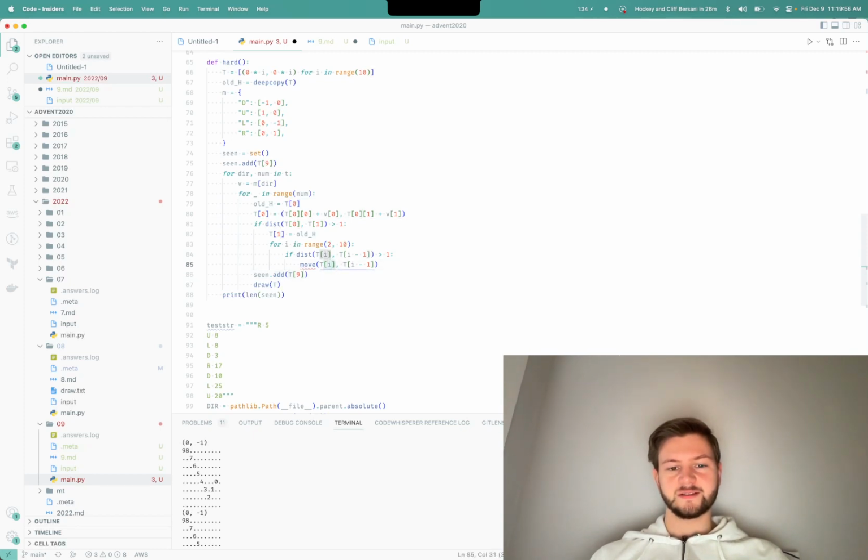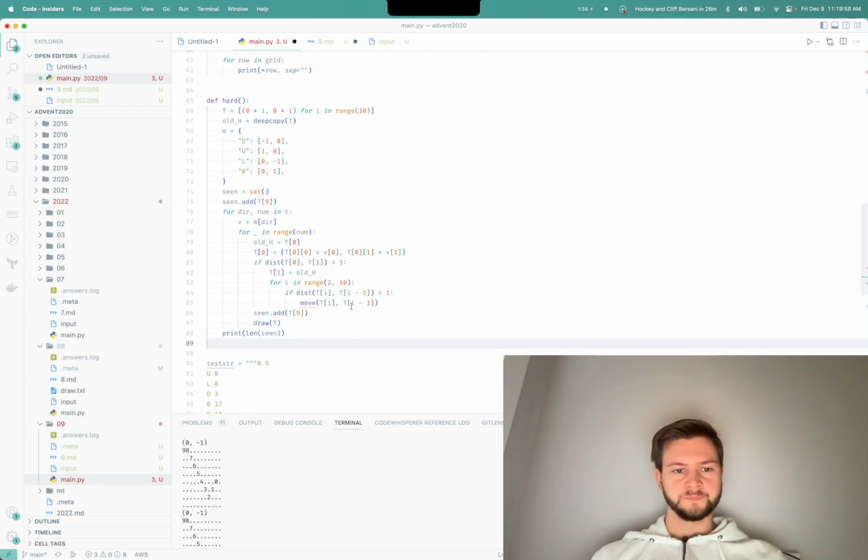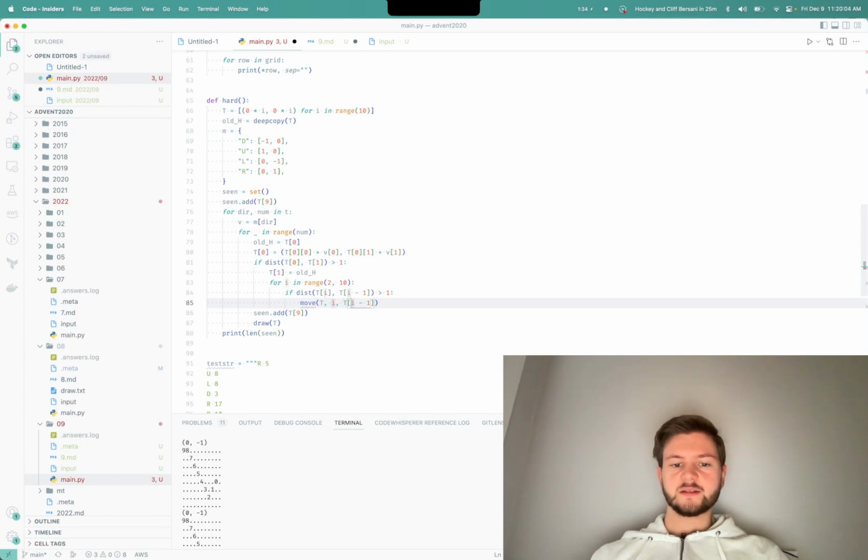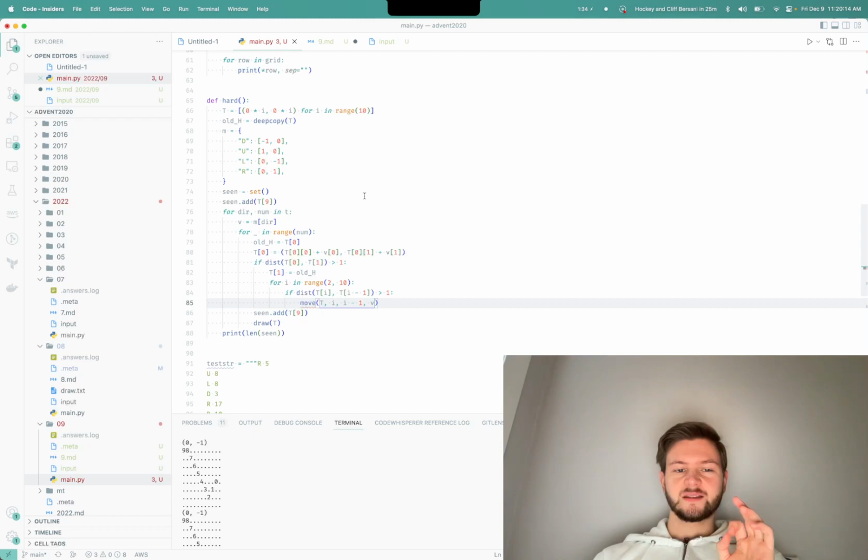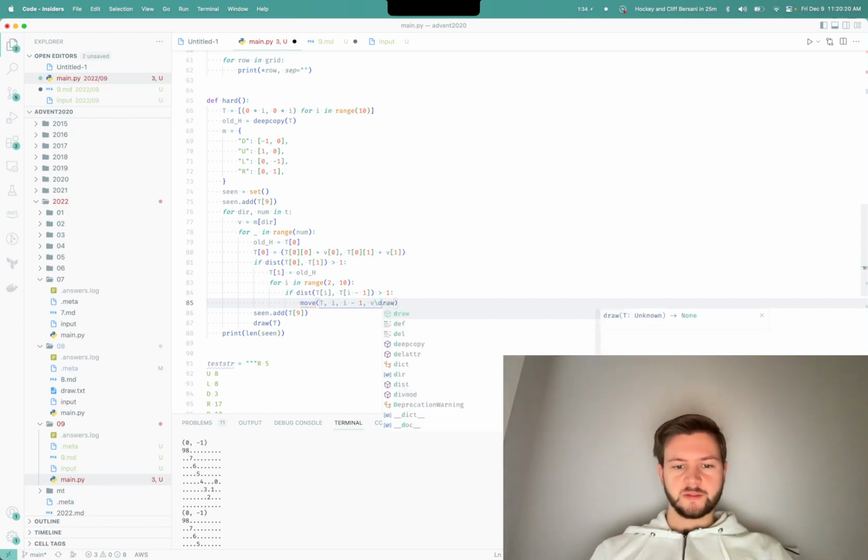Actually, let's call it, yeah, sure, ti minus one, and also the vector. This is my idea. I feel like the direction, I call it direction.